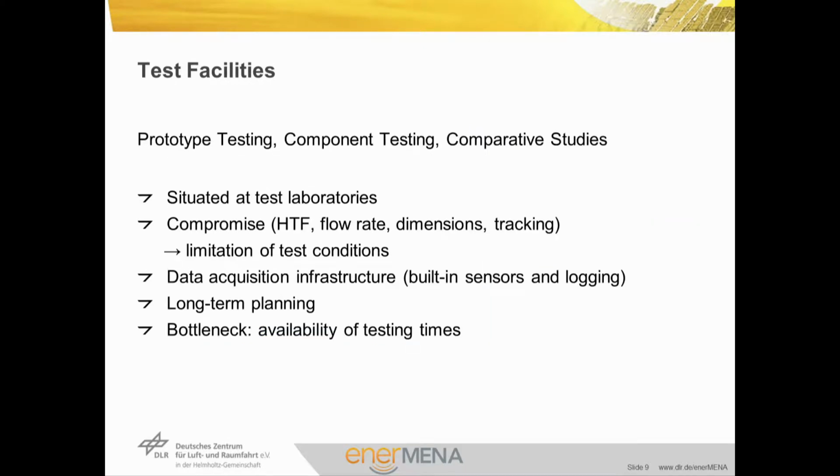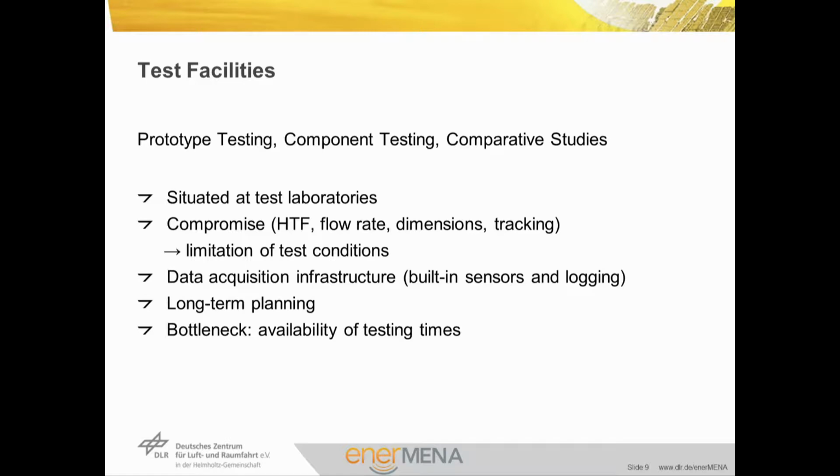Such test facilities are typically used for prototype and component testing and characterization, as well as comparative studies. In order to provide close monitoring, maintenance, and qualified test staff, they are situated at the sites of test centers like the German Aerospace Center, Plataforma Solar de Almería, or the National Renewable Energy Laboratories.